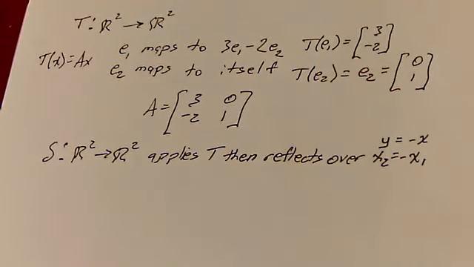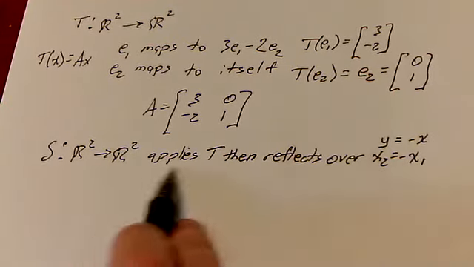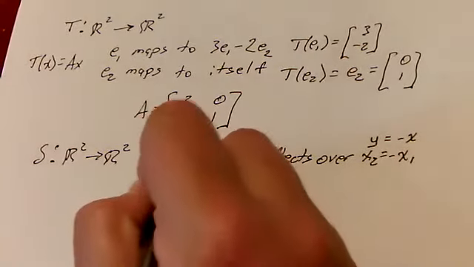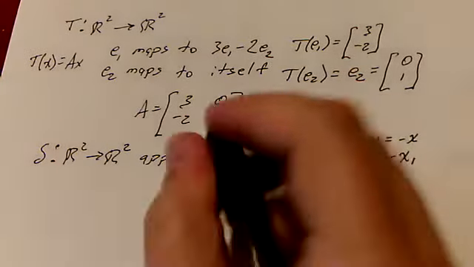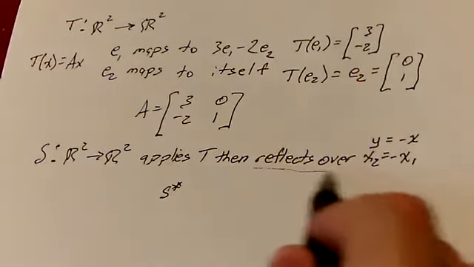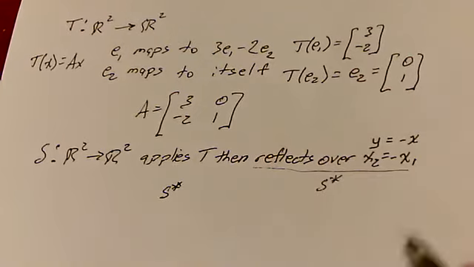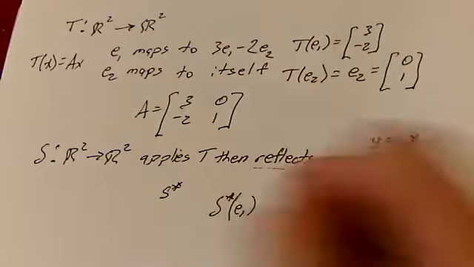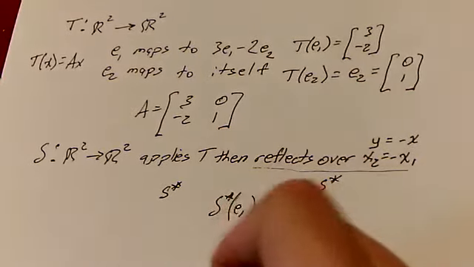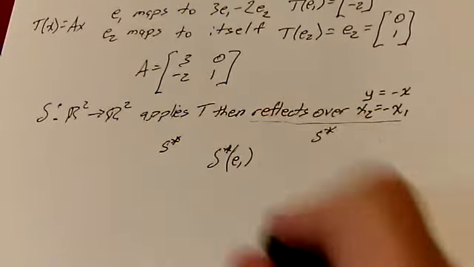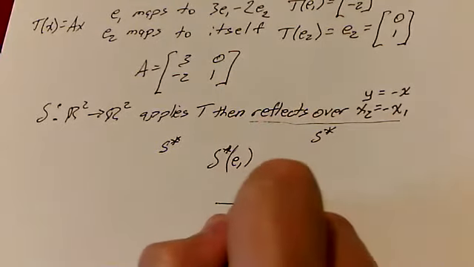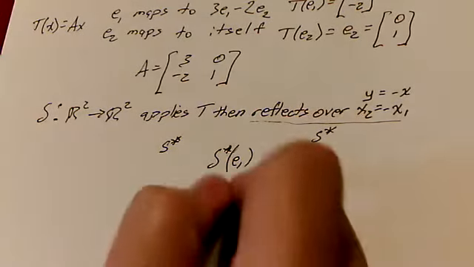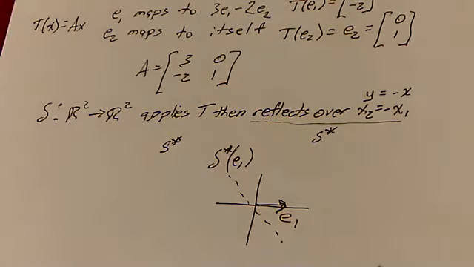Let's think about what happens if I just ignore the T part first. I'm going to call this S star to mean that it's just this reflection part. It's just a name for a transformation. If I do S star on E1, let's think about the visual here. I have my vector E1, it goes out at (1, 0). I'm reflecting over y equals negative x.